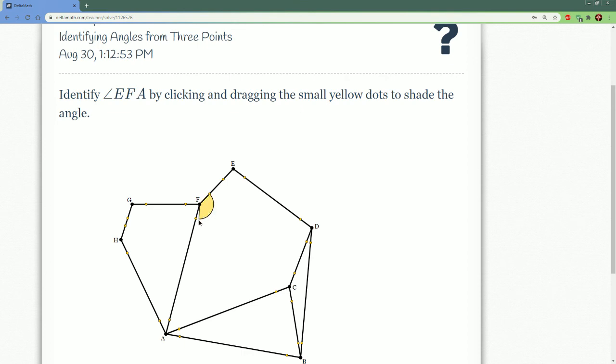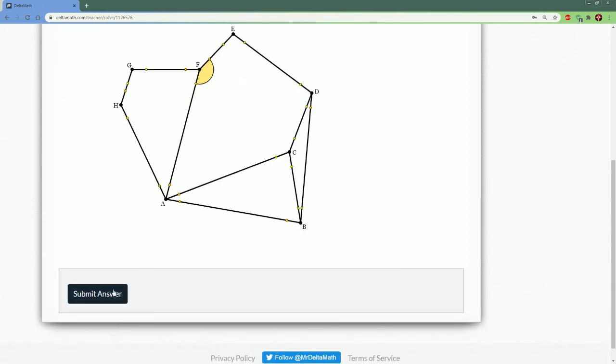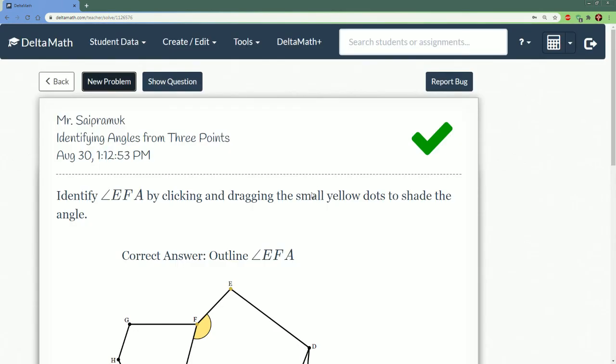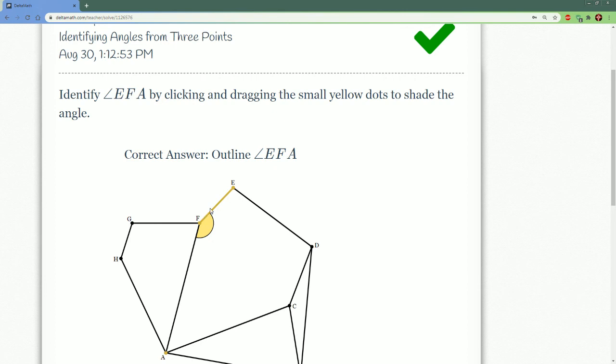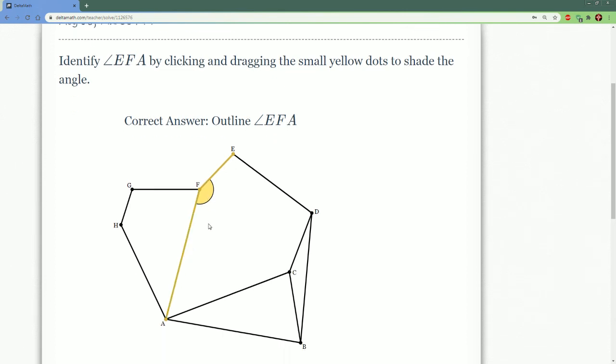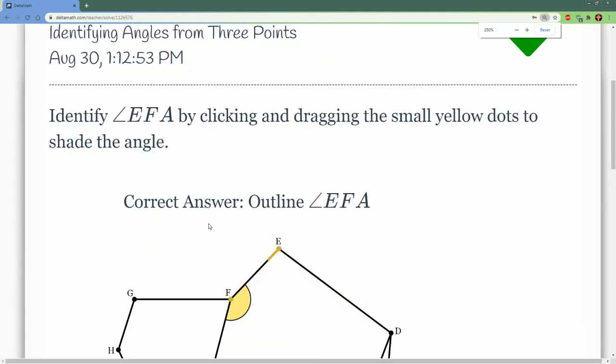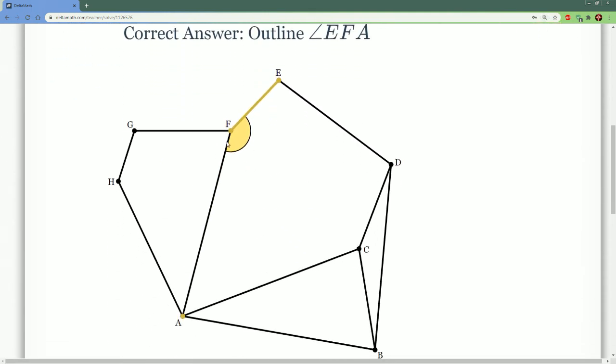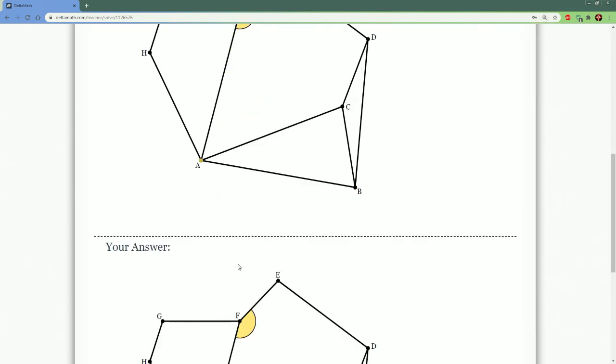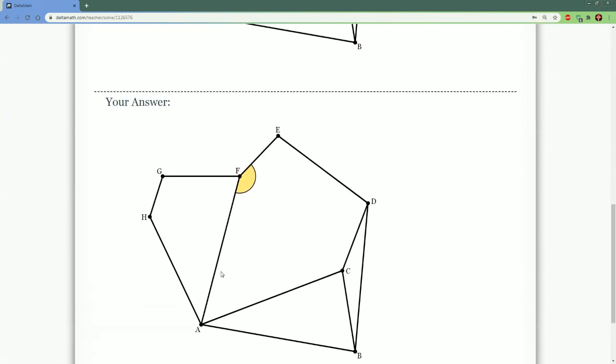Then we end up at A. So you should see it here. Submit. Yes. Watch as it shows it goes from E to F down to A. That is that angle. E, F, A. That is how you find the angle. Okay, that is the angle of EFA.